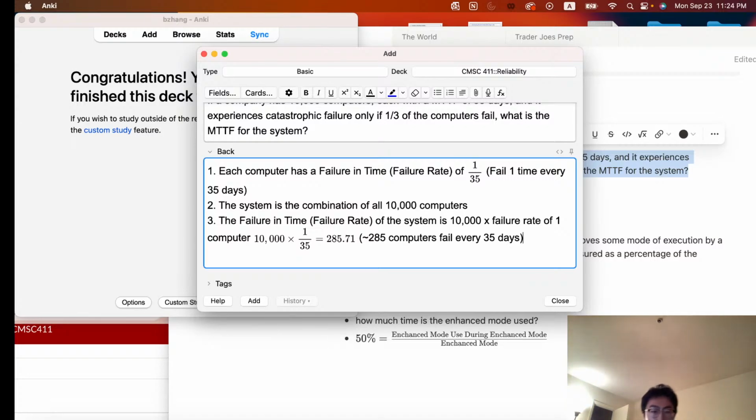It's a combination of all 10,000 computers. So what?